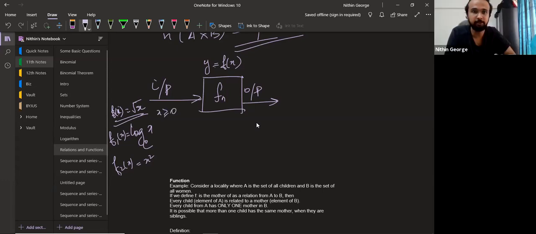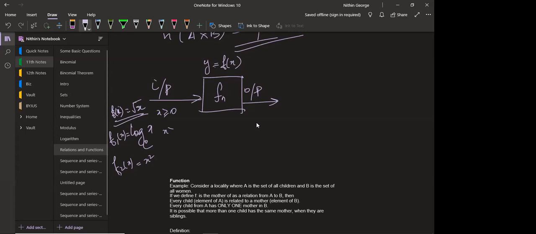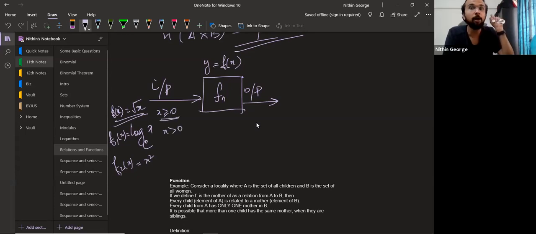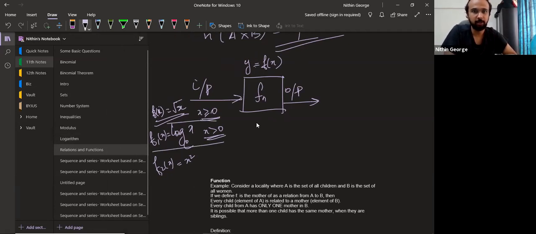If I say log x to the base e, what are the values I can put here? Greater than 0. Yeah. So here it's all non-negative real numbers. There's a distinction here. When I put greater than or equal to 0, it will become non-negative real numbers. Positives are the ones right next to it. The domain of f1 will be positive real numbers. Okay. What about this one?